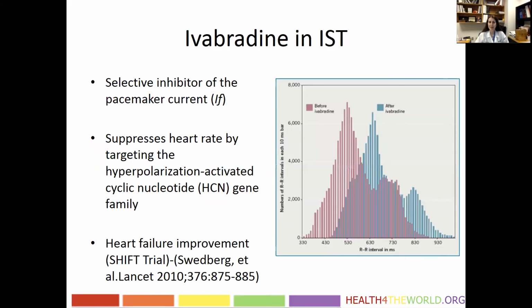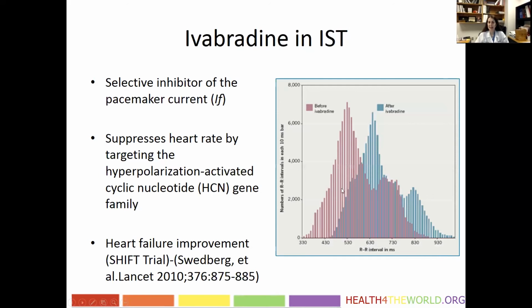It's a selective inhibitor of the pacemaker current, the IF, so having special action only in the atria, it suppresses the heart rate by targeting the hyperpolarization activated HCN gene family. There has been extensive study in patients with heart failure and sinus tachycardia, and there, these patients actually had a mortality benefit by being on the medication, ivabradine, but it has also been tested in a more limited way in inappropriate sinus tachycardia.